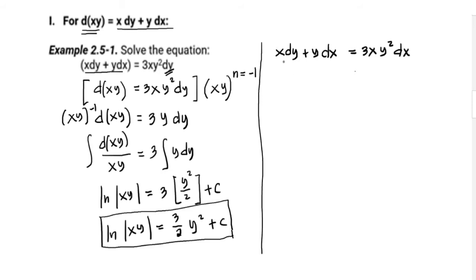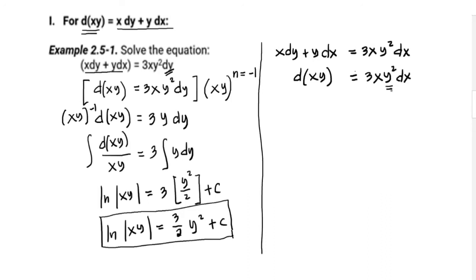Similar to the previous example, we are going to substitute the left side by the differential of xy. Then this is equal to 3xy squared dx. The right side cannot be integrated because of our y squared.